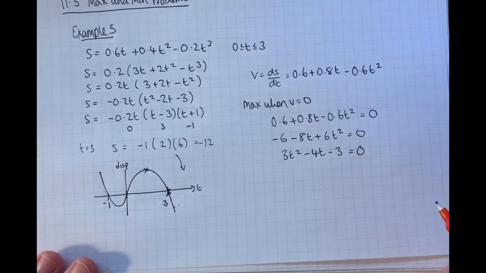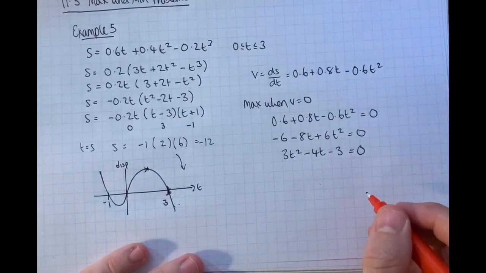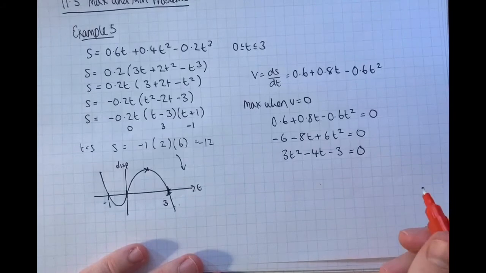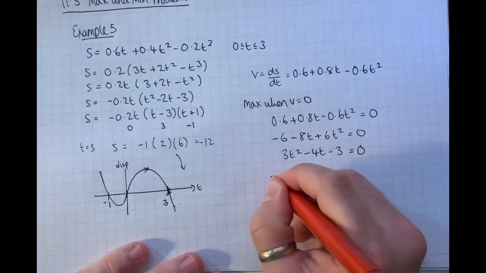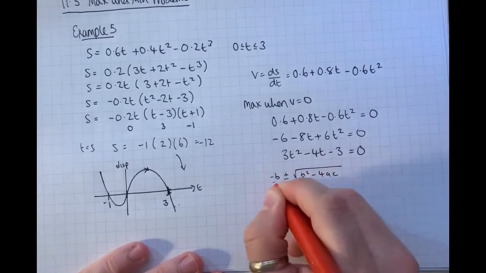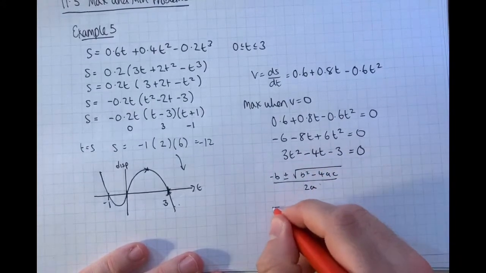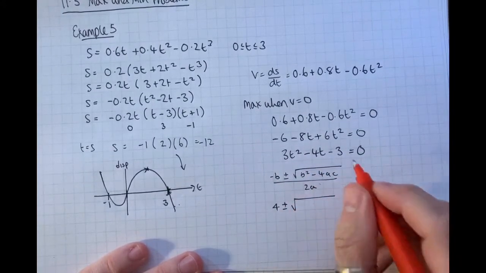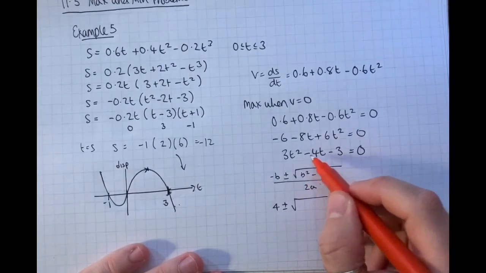I don't think that's going to factorise. So we could either complete the square, or use the quadratic formula, or just use the equation solver on your calculator, which is the easiest way, but we'll use the quadratic formula. So it's minus b plus or minus the square root of b squared minus 4ac, all over 2a. b is minus 4, so minus b is 4, plus or minus the square root. If you're doing this on the calculator, make sure you put this in brackets, otherwise you might get a calculator error.